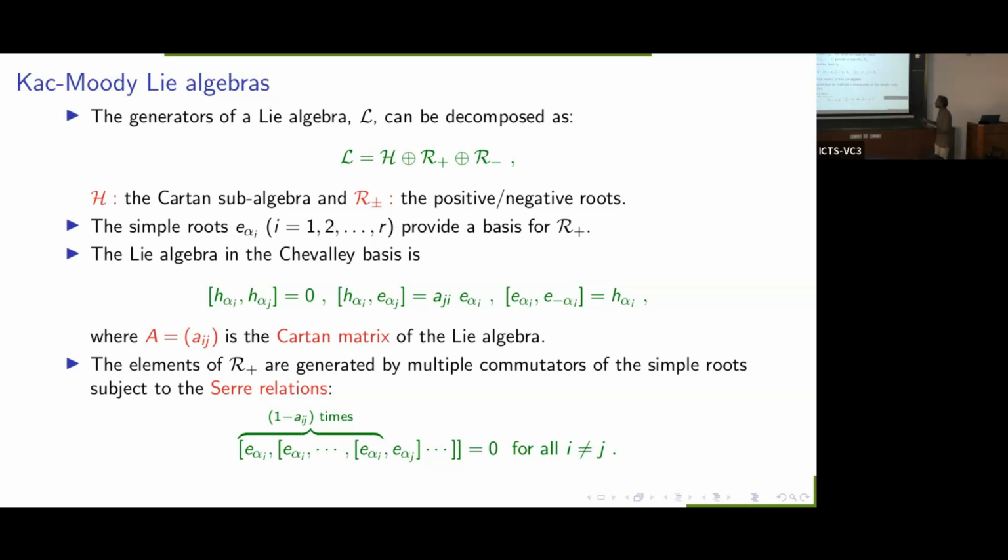The takeaway from this whole thing is a Kac-Moody algebra. You can write the full Lie algebra, which I'm not showing, if you give me this data, the Cartan matrix. If the Cartan matrix has zero norm, you have to handle things.